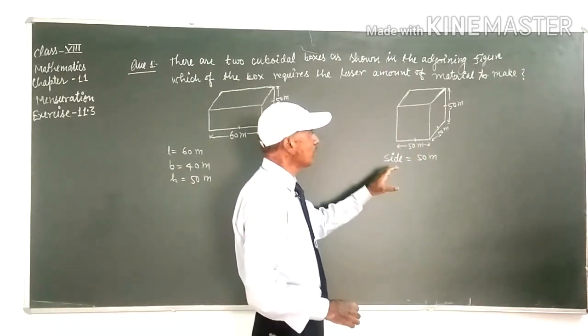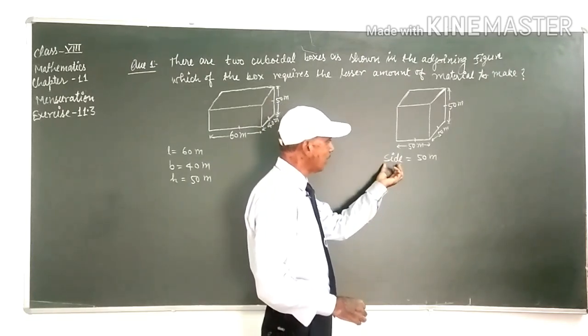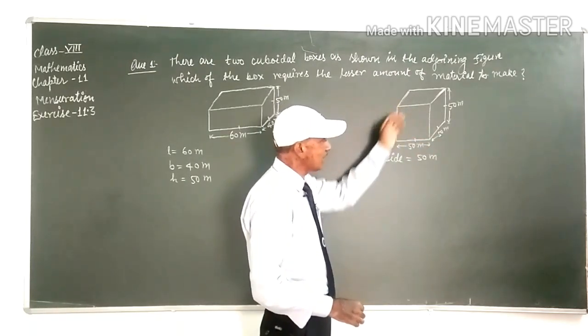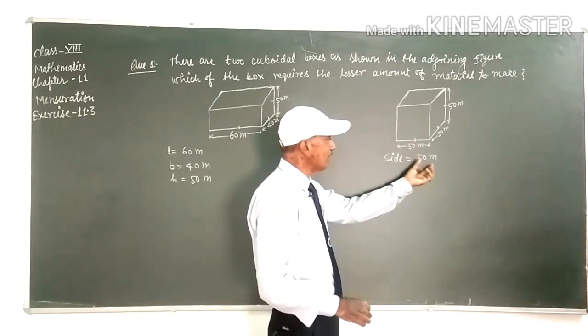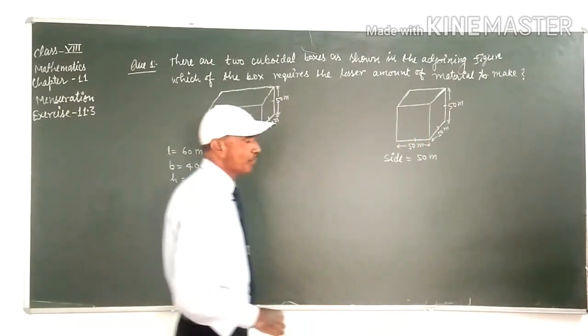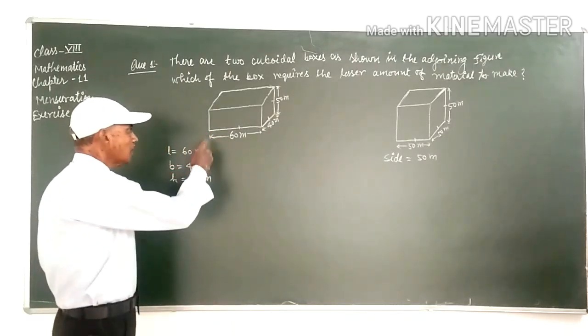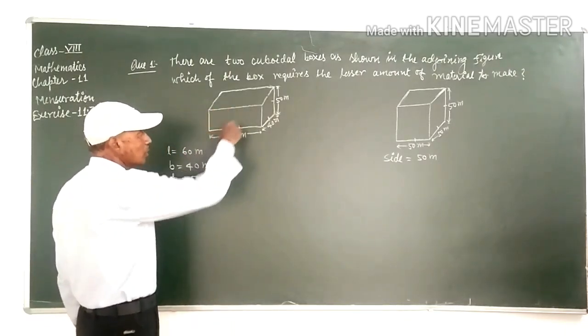Clear students? So we have to find out the total surface area of the cube, because the side of this figure is given, that is 50 meter. Clear?